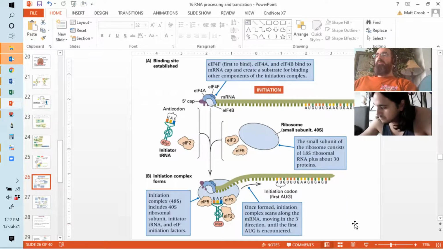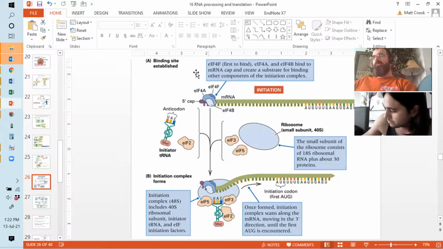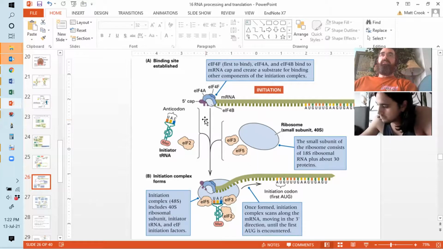Again, we have initiation factors, called eIFs for eukaryotic initiation factor. These recognize the 5' cap. Remember when I said that the 5' cap's about stability? It's also about the initiation of translation too.